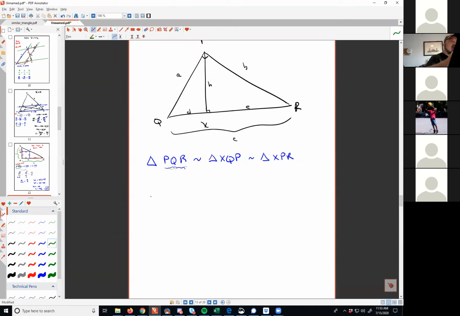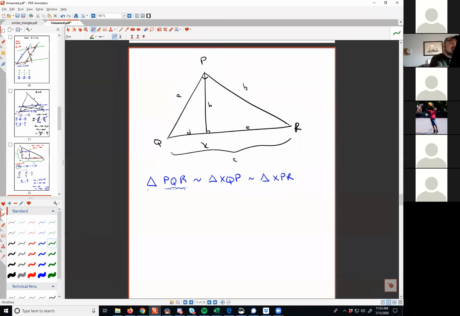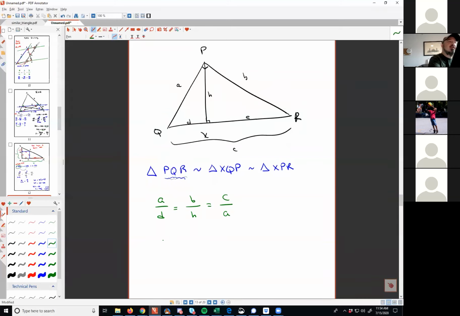Actually I'll go ahead and write it in terms of A, B, C, D, E, and H. In the big, let's see, P, Q, R, PQ is A over D. Okay, that's from the first two triangles. Now from the first and the third.